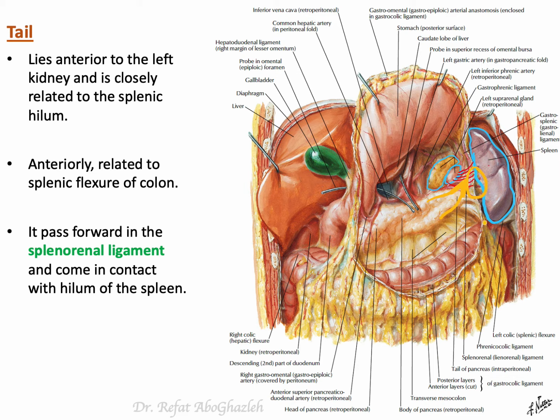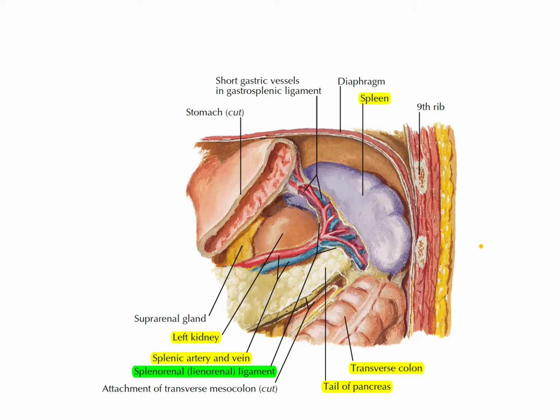Well, guys, the tail of pancreas is related to the splenic flexure of colon, right? Yeah. So this is a better review here. You see the left kidney, left suprarenal gland, and the spleen, guys. Look at the tail of the pancreas that's inserted inside the ligament known as the splenorenal ligament.